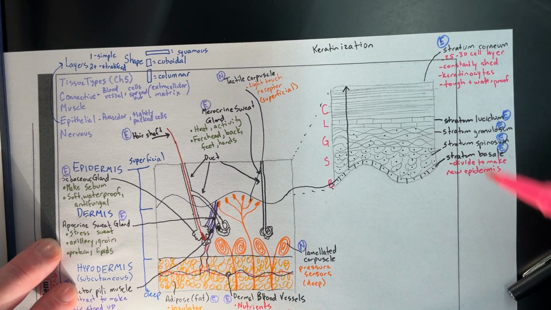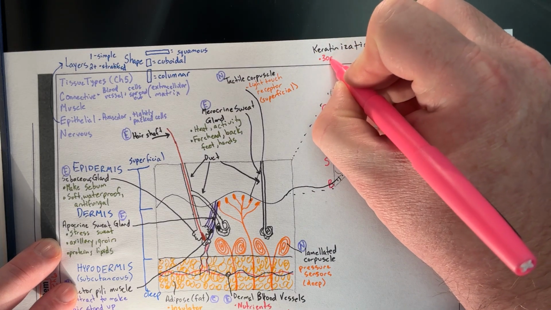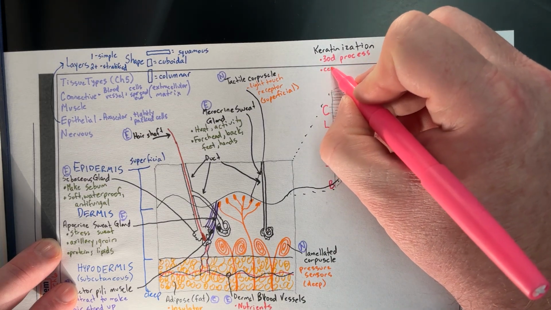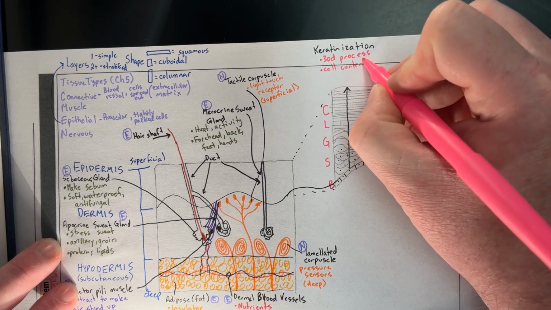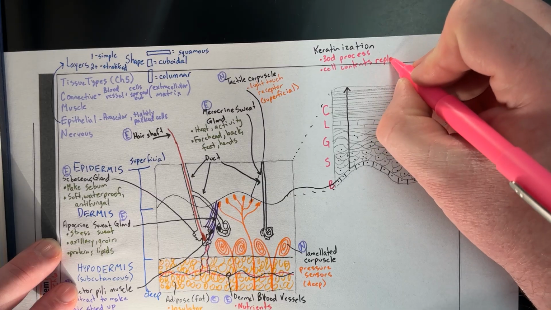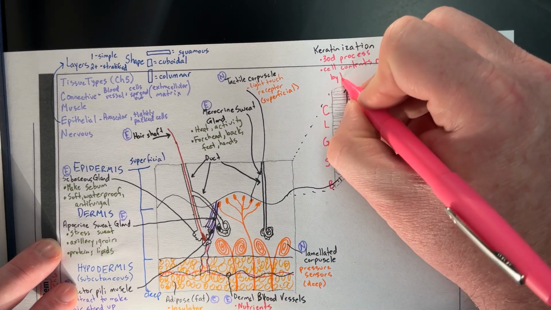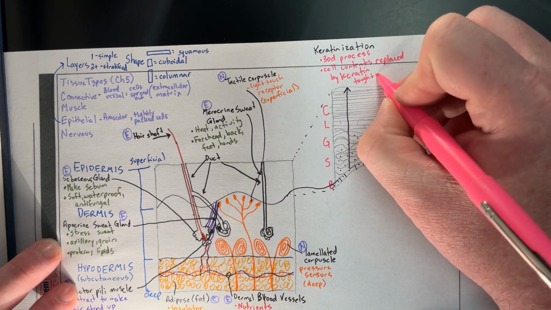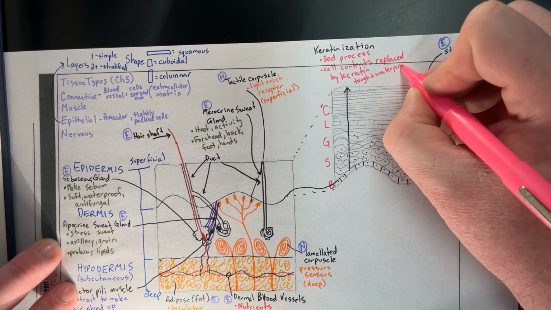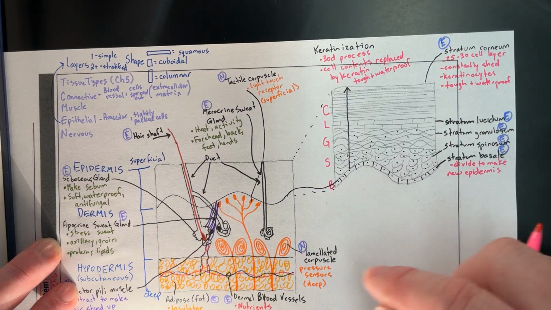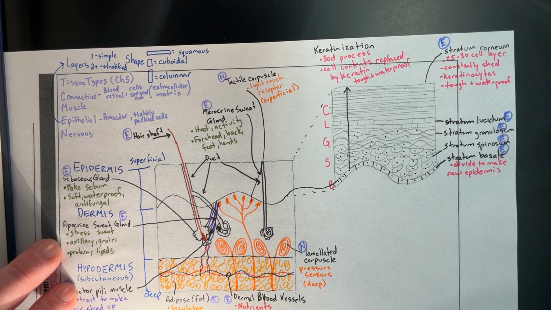In keratinization, that's about a 30-day process of transformation, and the cell contents, like the nucleus and the mitochondria and all of those organelles, get replaced by that protein keratin, because keratin is tough and waterproof and gives your skin that property, along with the sebum making your skin waterproof as well. So that's a pretty cool process that happens there.